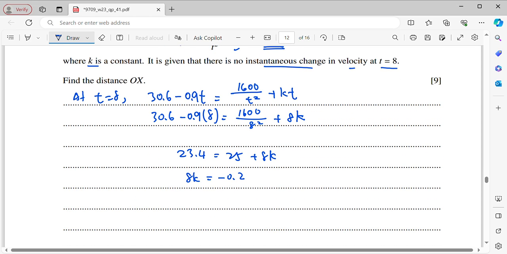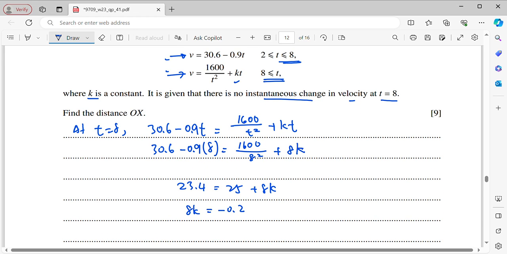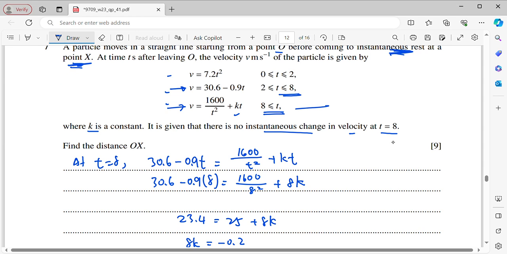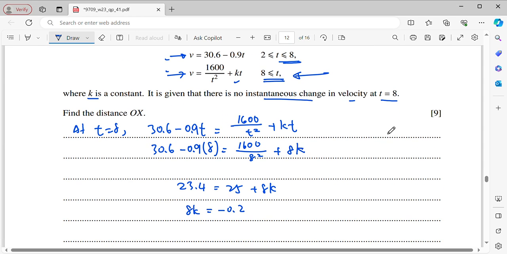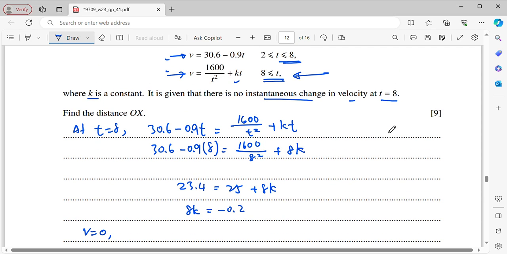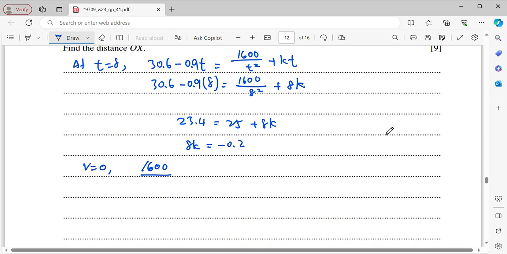Now, I need to find out what the time is when it comes to rest. That means at point X, v equals 0, so it must be after 8 seconds. So v equals 0, 1600 over t squared plus kt. Sorry, here not yet finished.